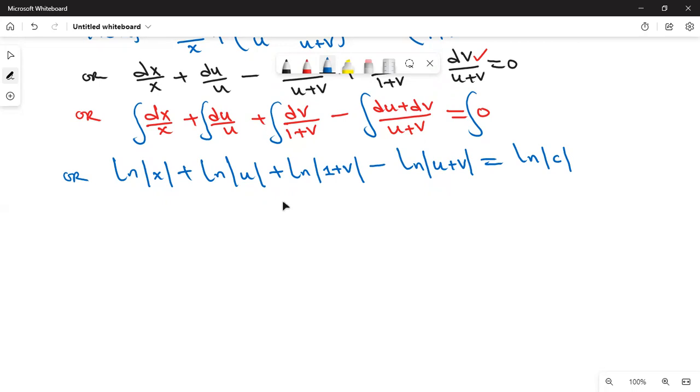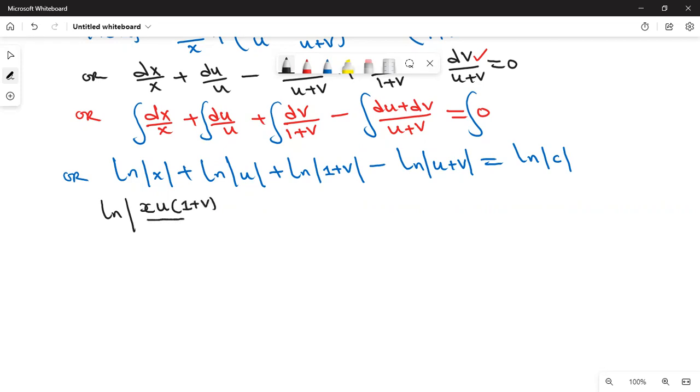So when I combine those laws, when I use the laws of logarithms, what are we going to get? So like on the left-hand side, we are going to get ln of xu, x times u times 1 plus v.